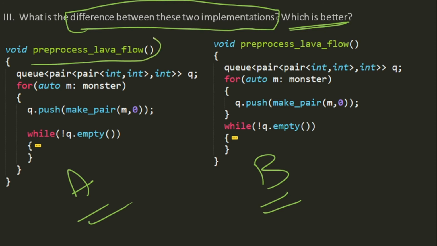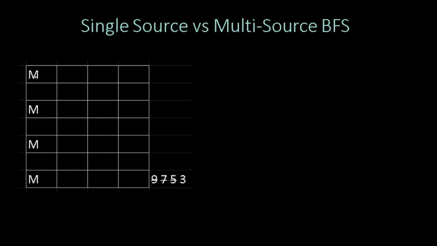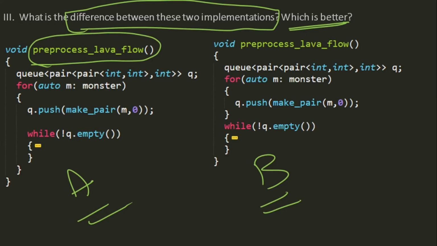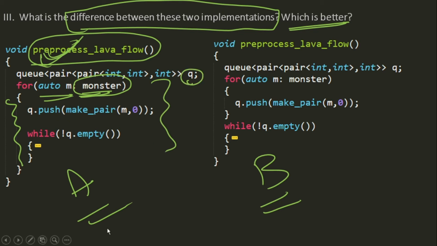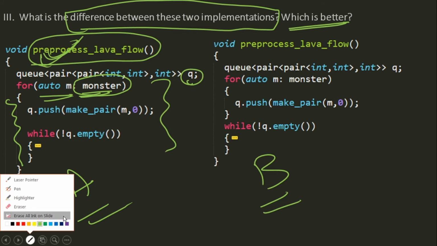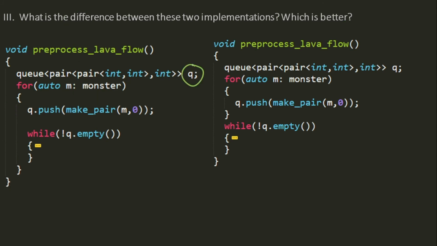When we are pre-processing the lava flows, we are processing one monster at a time in this case. See what is happening. For each monster, we are processing it, we are propagating it. So what that means is we are starting with an empty queue. I'll slow down and explain what is going on here.